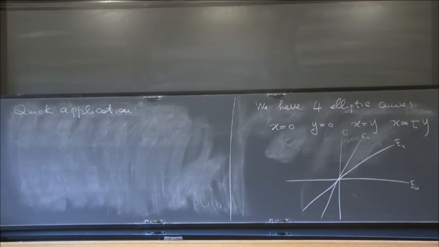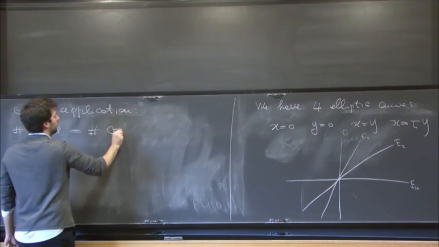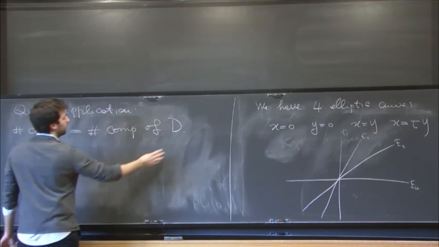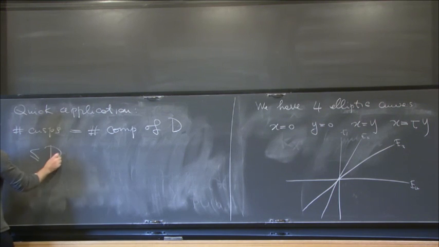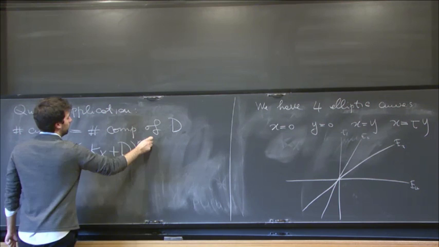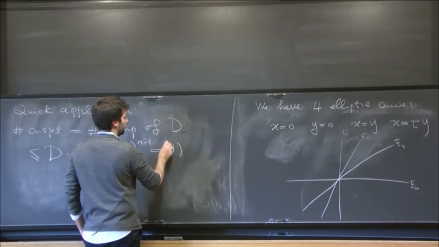And so the number of cusps is exactly the number of components of the divisor D. So now by this theorem, if I take 2 times K_X plus D, that is an ample divisor. And so the number of components is less than or equal to D times this, because it's an ample divisor. Then you can compute this, and this is -1.